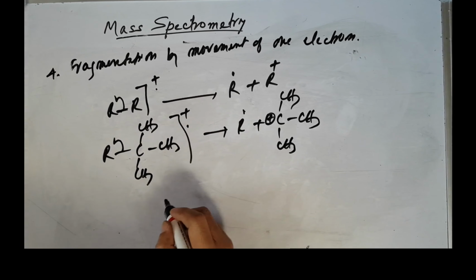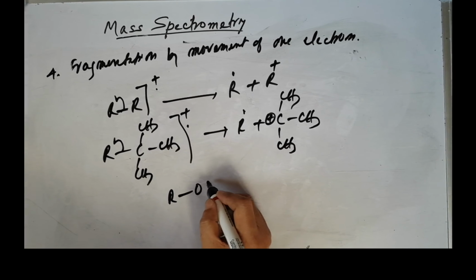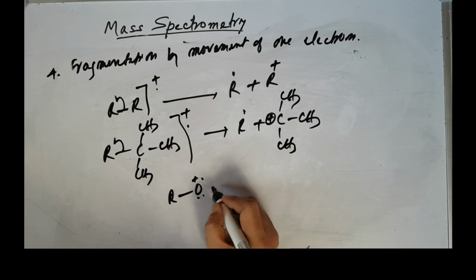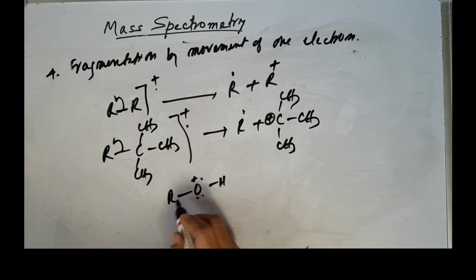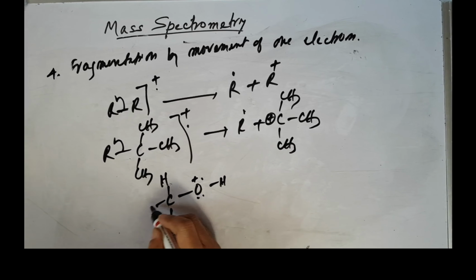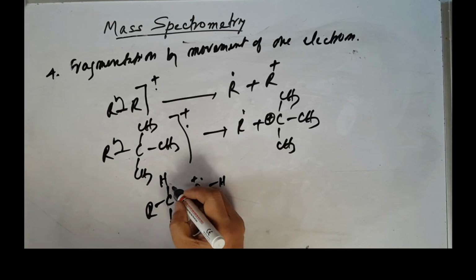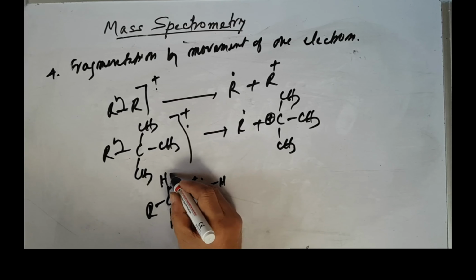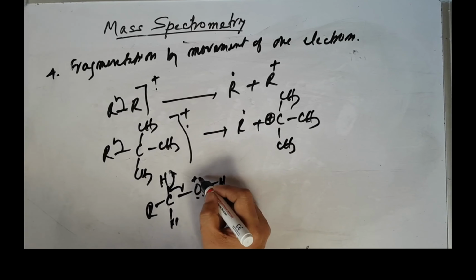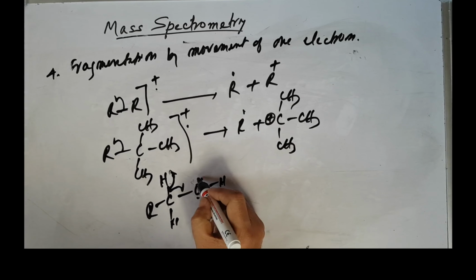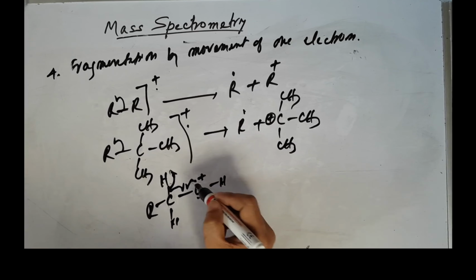Fragmentation can also occur in other cases, like alcohol. Say the alcohol is bombarded, so you can lose this one, CH R. One electron here moves, another single electron this way, and another like this.